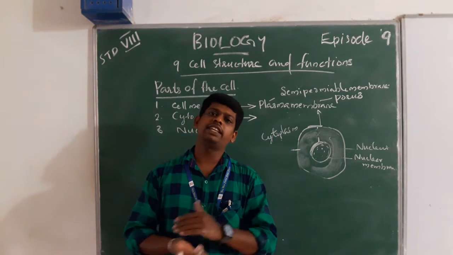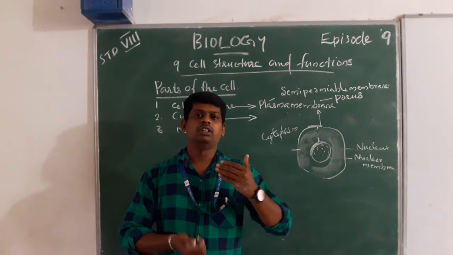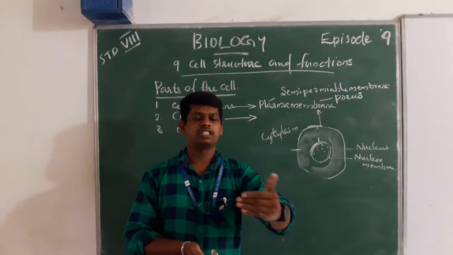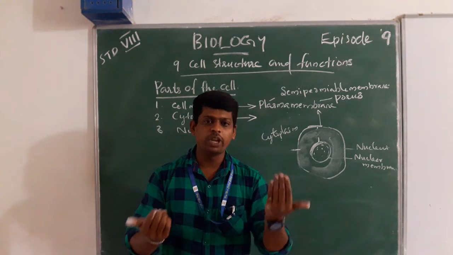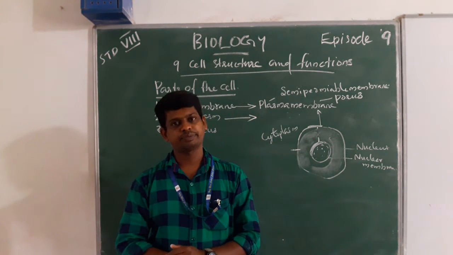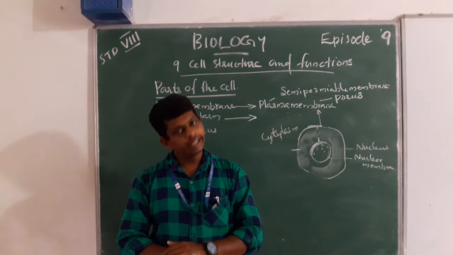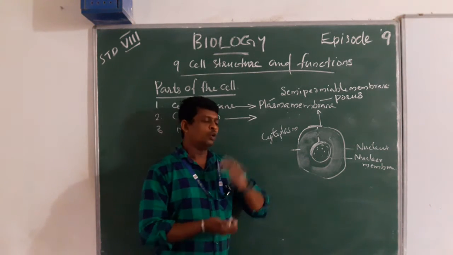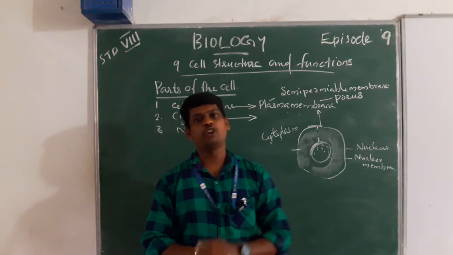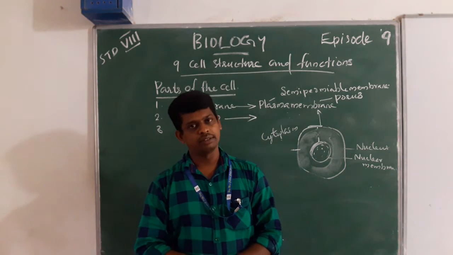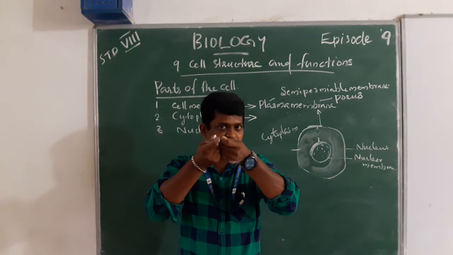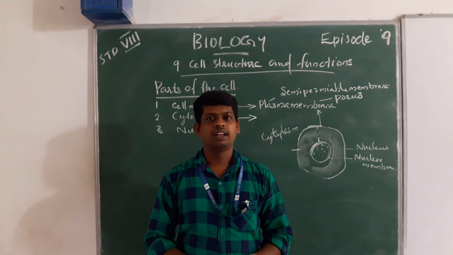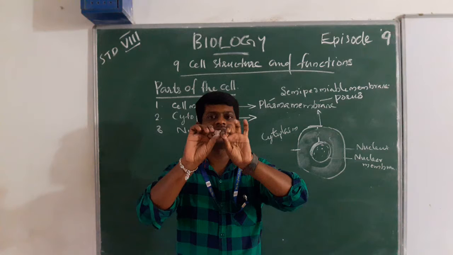We are first discussing the plant cells. How can we see the plant cells? We can take a small piece of onion and break it at the central part.